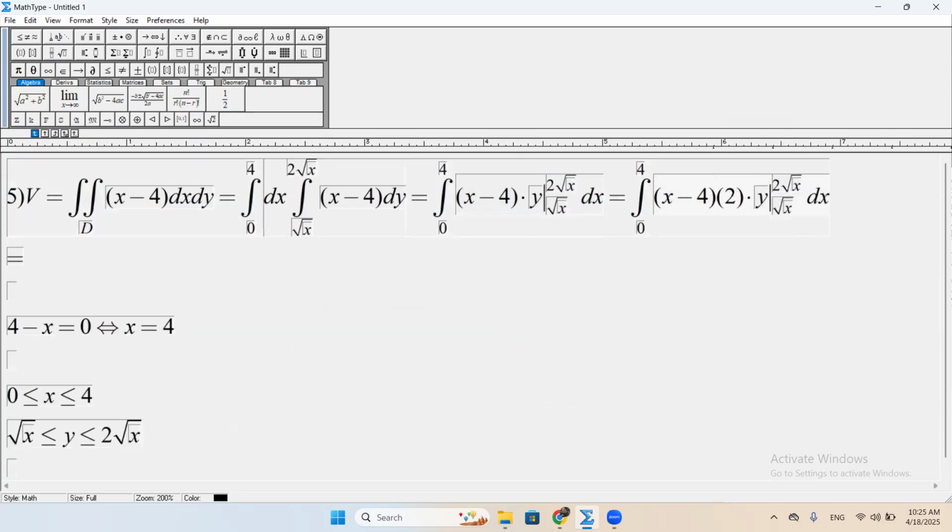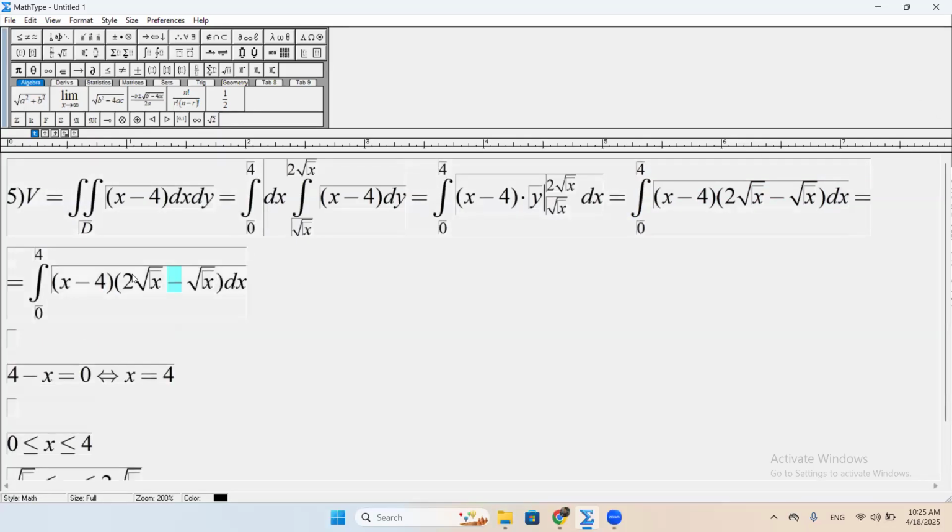So 2 square roots of x minus square root of x. So now multiplying everything. So x square root of x minus 4 square root of x.